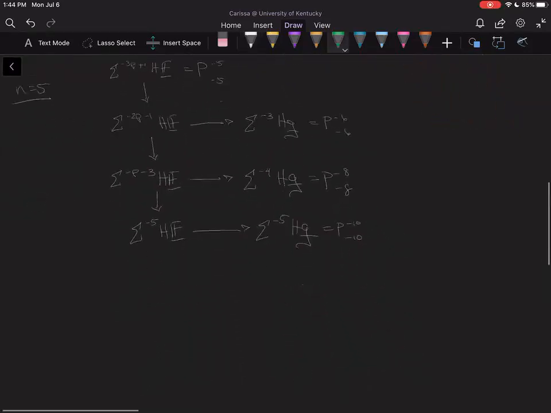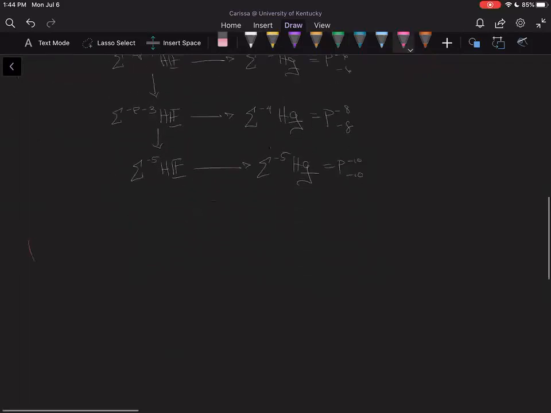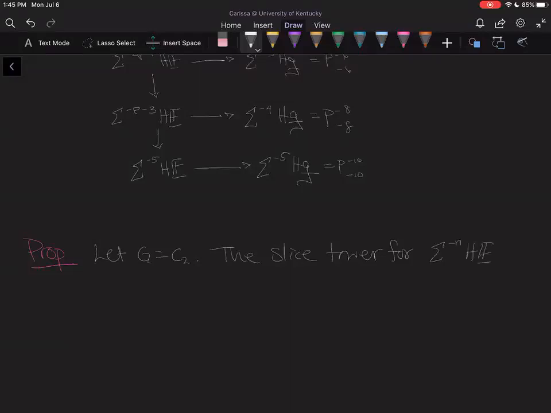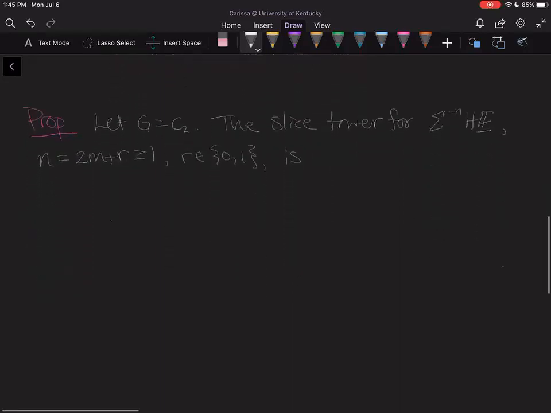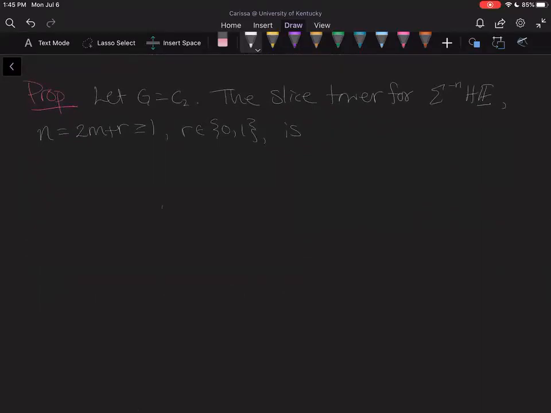So if you write it up all nice and fancy and formal, proposition: for G equal to C2, the slice tower for negative n suspension of HF, where n is equal to 2m plus r, at least 1, and r is either 0 or 1, is, well, at the top we're going to have negative m rho plus r suspension of HF, which is our negative n slice.